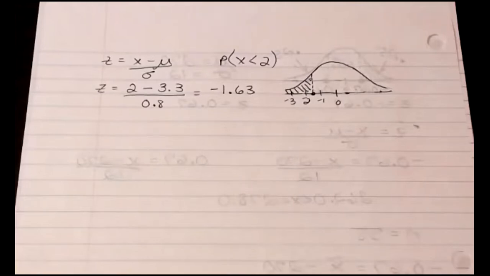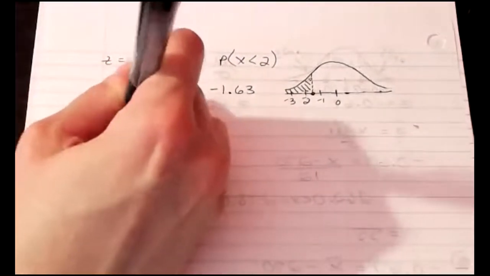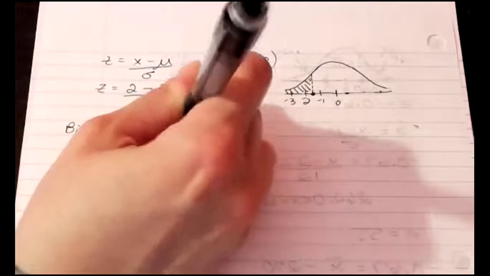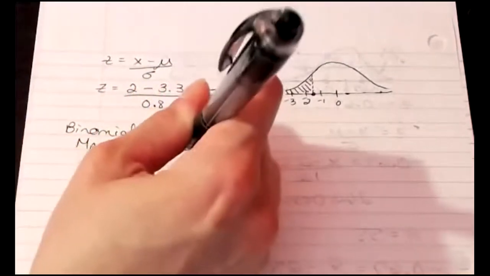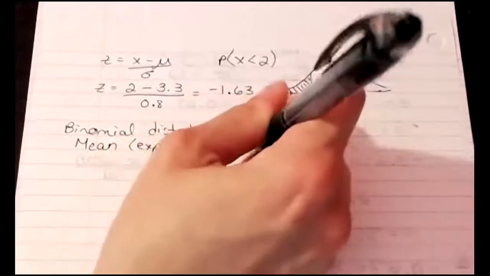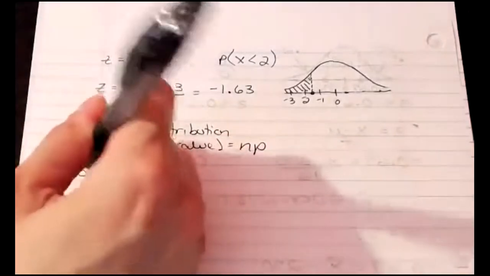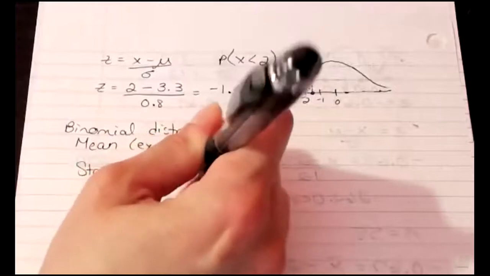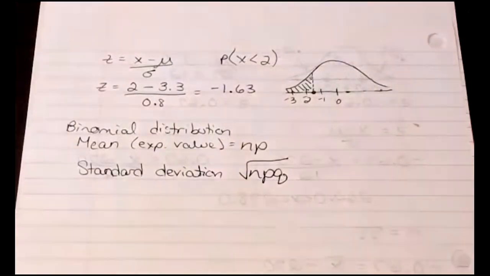So if it's the variance for the binomial distribution, remember the following pieces of information. If it's a binomial distribution, you know that the mean, or your expected value, is found by taking n times p, right? And then you know that the standard deviation is found by taking the square root of n times p times q.